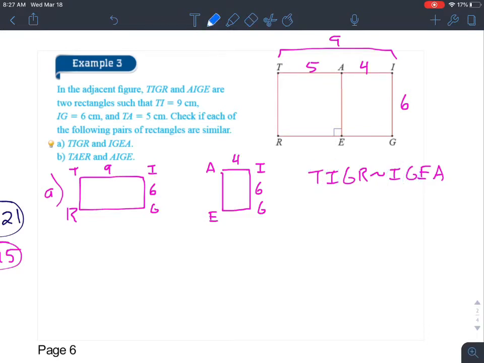So I am actually supposed to be comparing the 9 with the 6. I'm going to do the second rectangle divided by the first, so it's going to start with 6 divided by 9. I want to see, does that make the same fraction as the other sides that we can check? So that means that IG corresponds with GE.